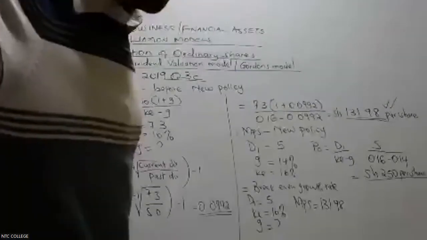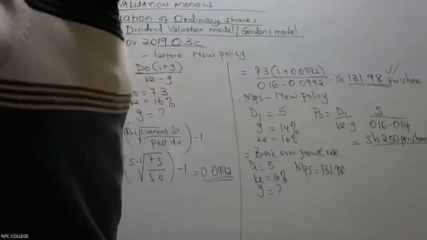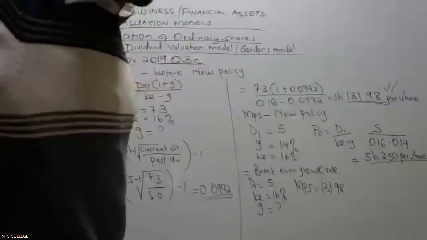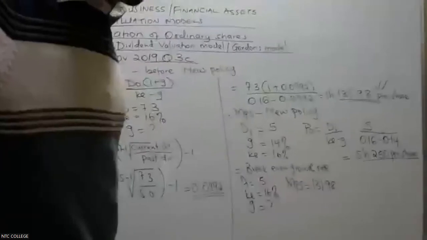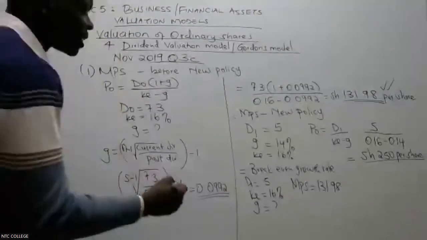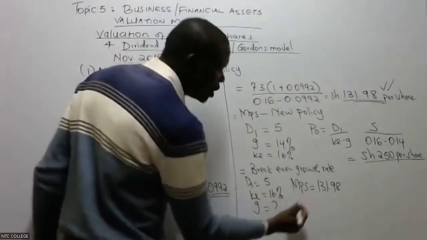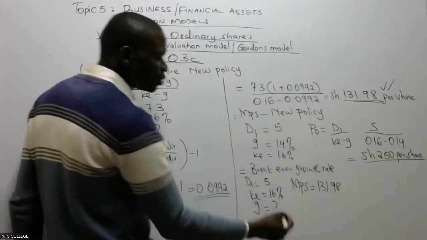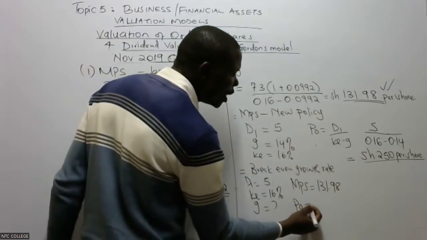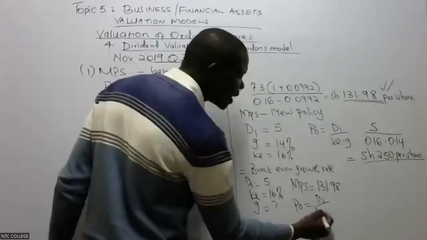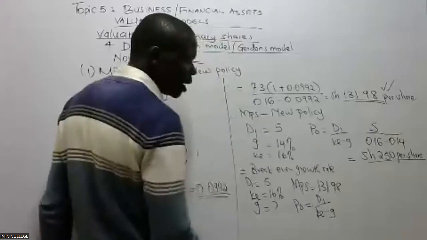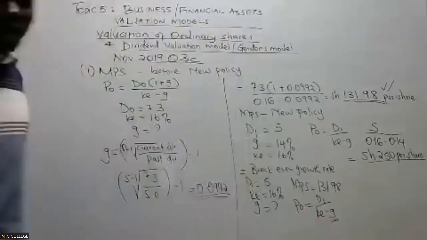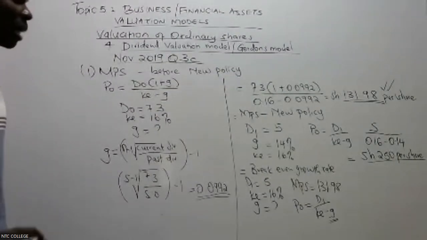So in this case, we need to use this formula because we have our D1. We say P0 is equal to D1 over KE minus G. But now G, we need to make the subject of the formula.